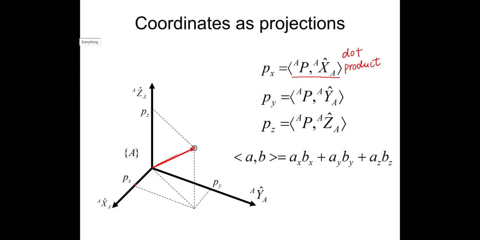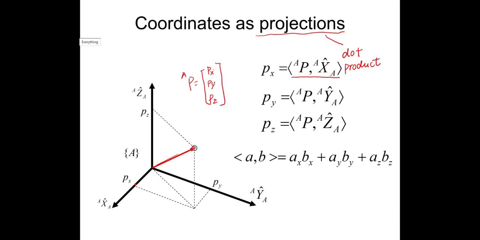Okay, and what does dot product mean? That means projection. Remember that we have this point PA right here, and it equals Px, Py, and Pz.